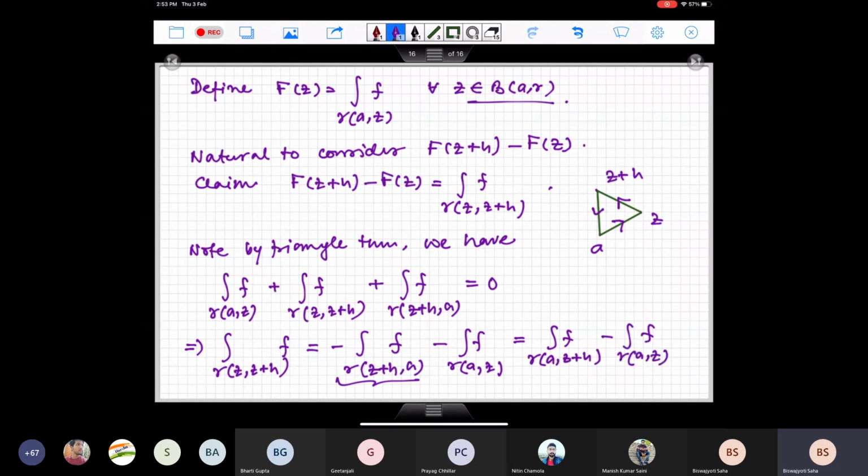Tell me if you agree to this or not, whatever I have done so far. Once I have this, you can immediately note that by our own definition this is capital F of z plus h minus capital F of z. All of you agree to this? Yeah.